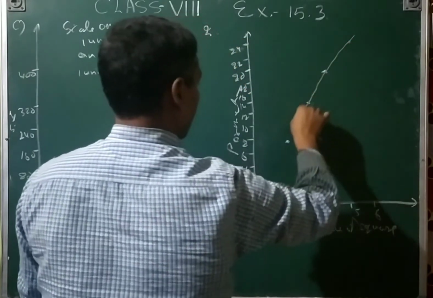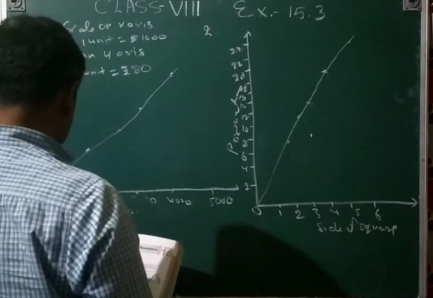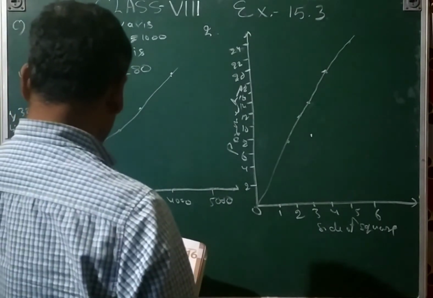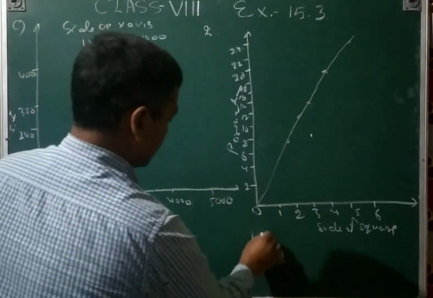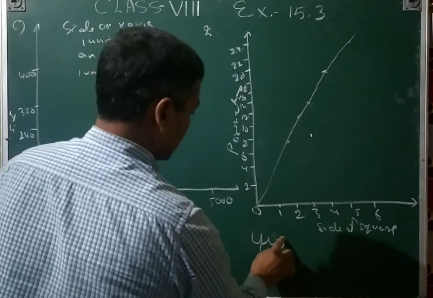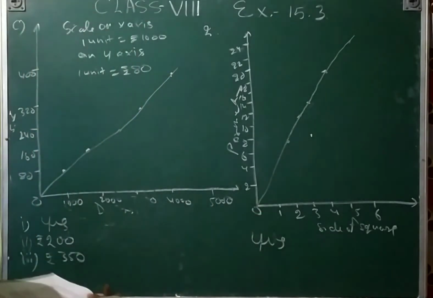And then draw the line. Is it a linear graph? Yes, this is a linear graph because it passes through origin.